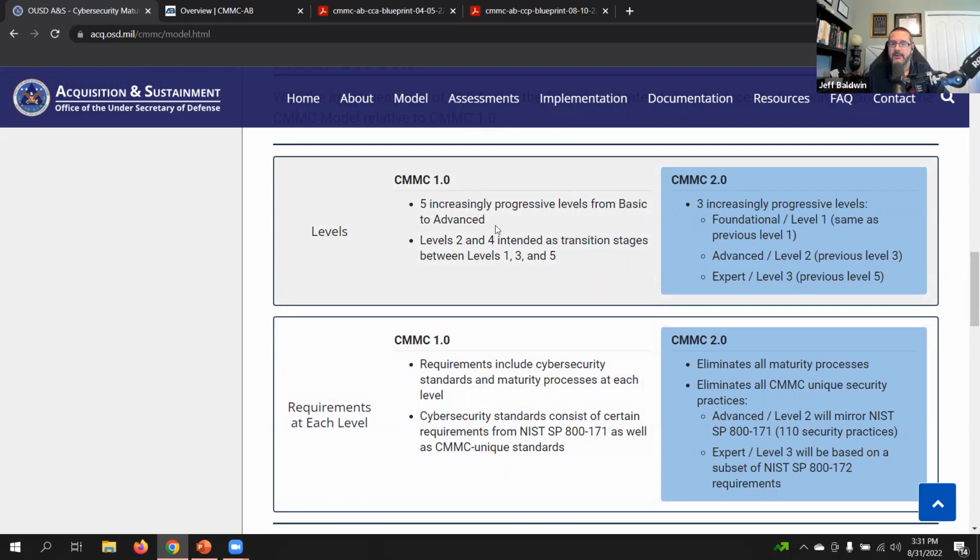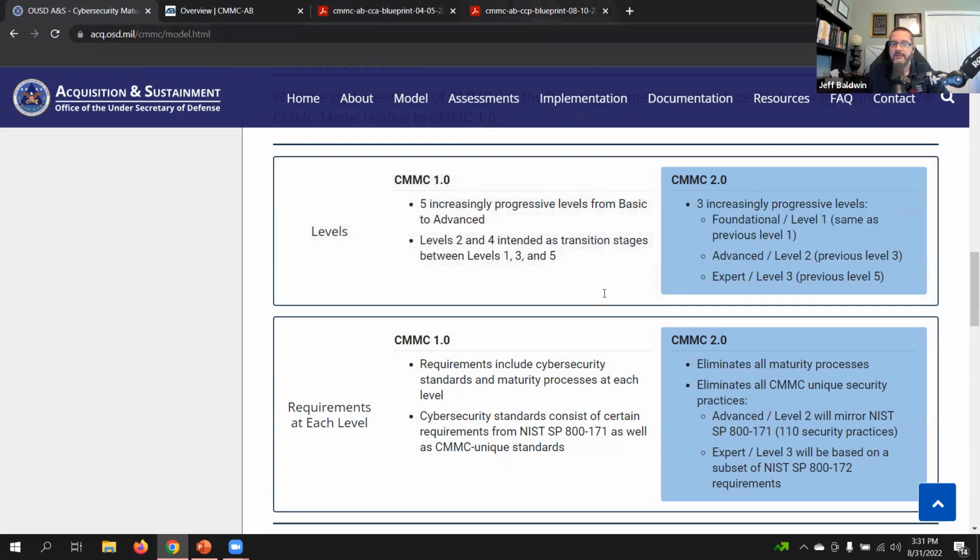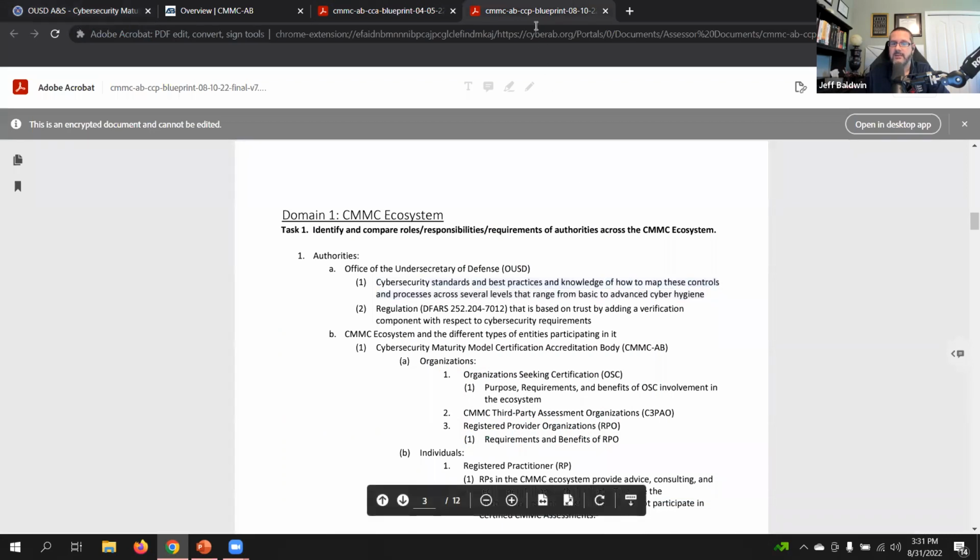It used to go basic to advanced, and it looks like this may not have been updated for the exam, because with 2.0 we have foundational, advanced, expert. It's just a distinction to be aware of.